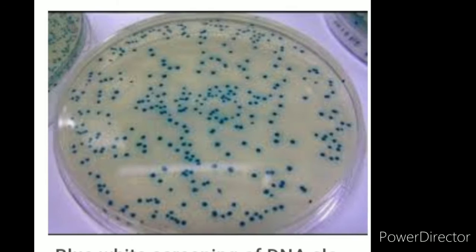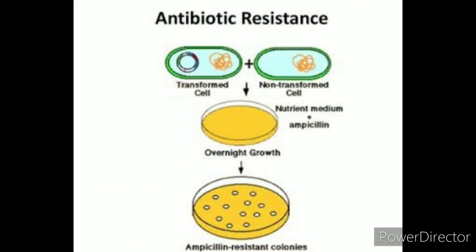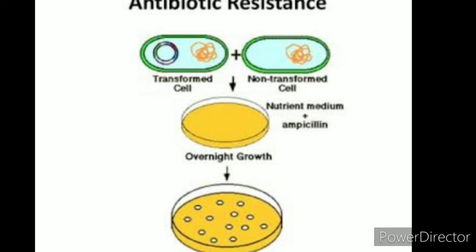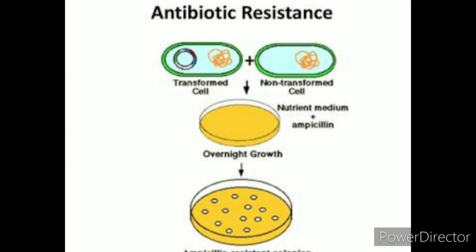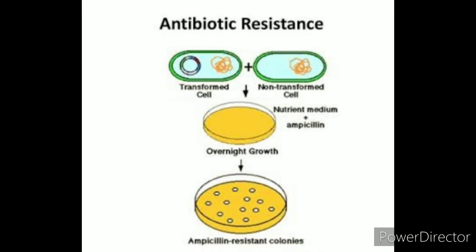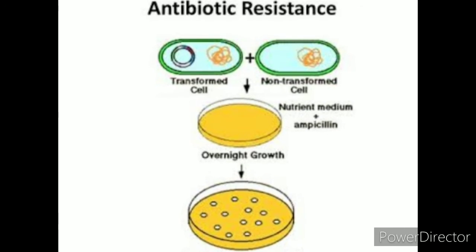Another screening method is antibiotic resistance markers. The antibiotic resistance marker is a gene that produces a protein that provides the cells with resistance to an antibiotic. Bacteria with transformed DNA can be identified by growing on a medium containing an antibiotic.